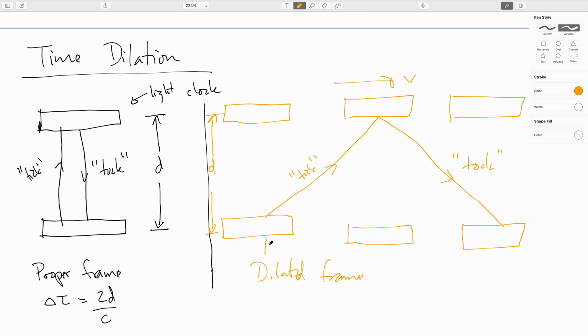So how far did this move from tick to tock? From the beginning of the tick to the beginning of the tock? Well, this will be v times, now I'll call this delta t over 2.